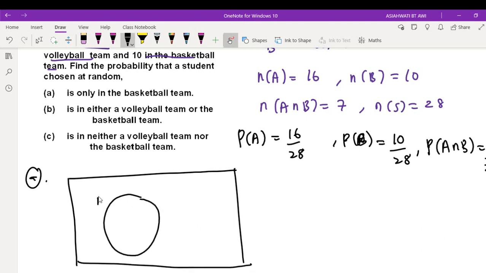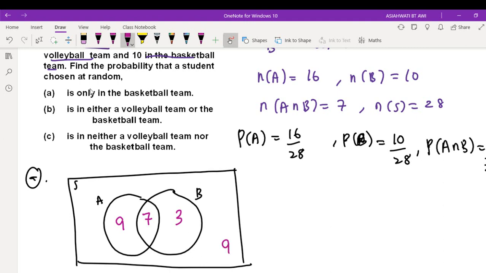This is set A, set B. A intersect B is equal to 7. The number of A is equal to 16, so 9. The number of B is equal to 10, so that is 3. Total students 28. So 19, and 28 minus 19 is equal to 9.